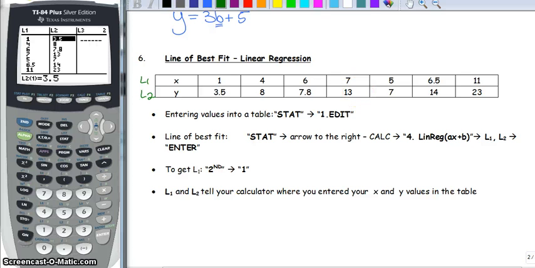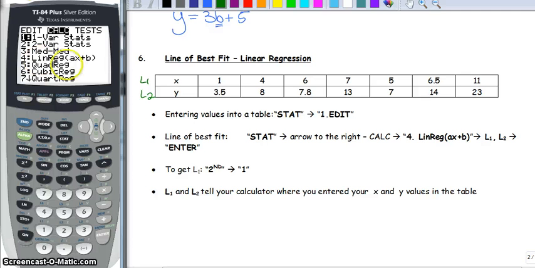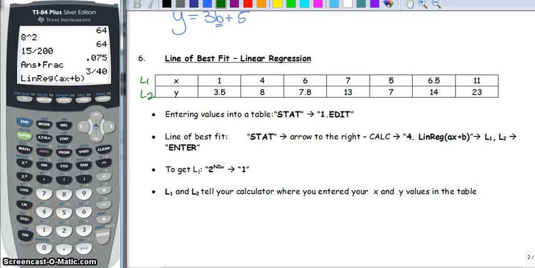Alright, now that you've entered all of your data in, we're going to go back to the home screen, so second mode, and we're going to hit Stat, arrow to the right, and we want number 4, lin reg. We are trying to find the linear regression line between those data points, so we want L1, so second 1, comma, L2, and that's telling you your x comma your y.